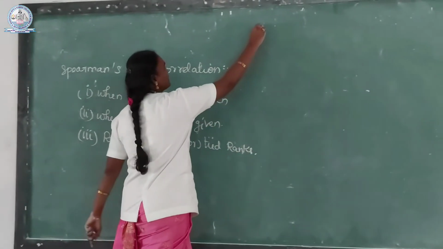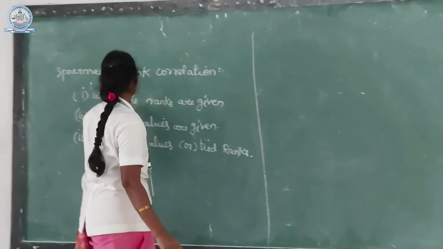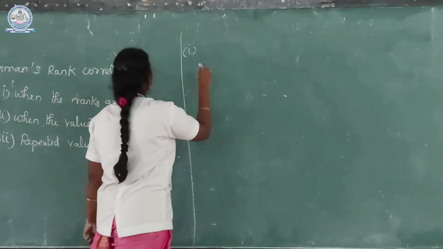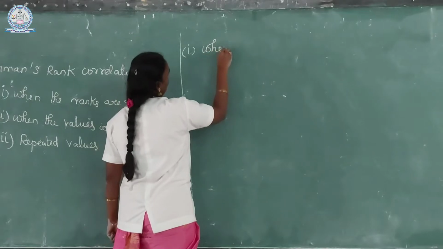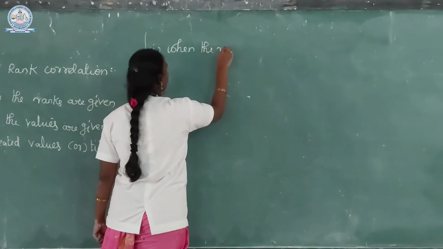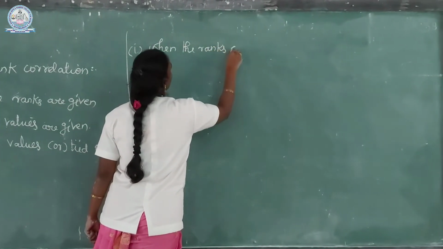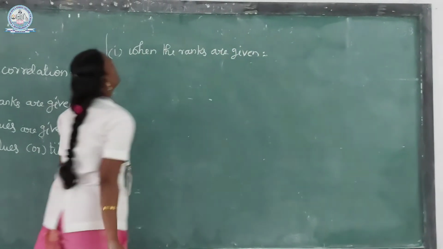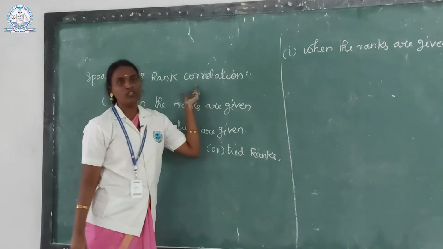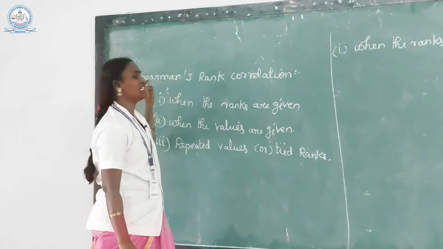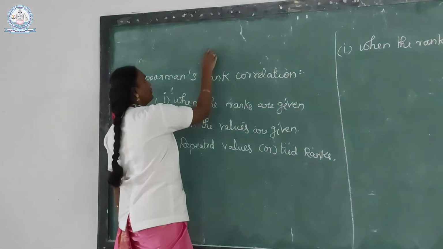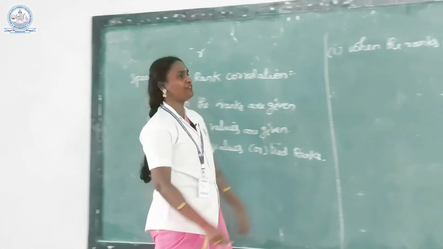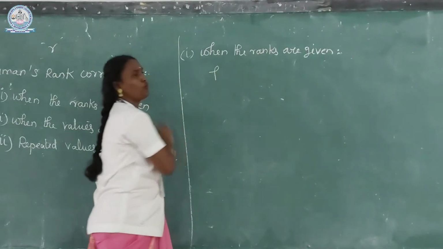So first let us see the formula for case 1, when the ranks are given. Generally the correlation coefficient is denoted by R, but Spearman's rank correlation coefficient is denoted by rho.